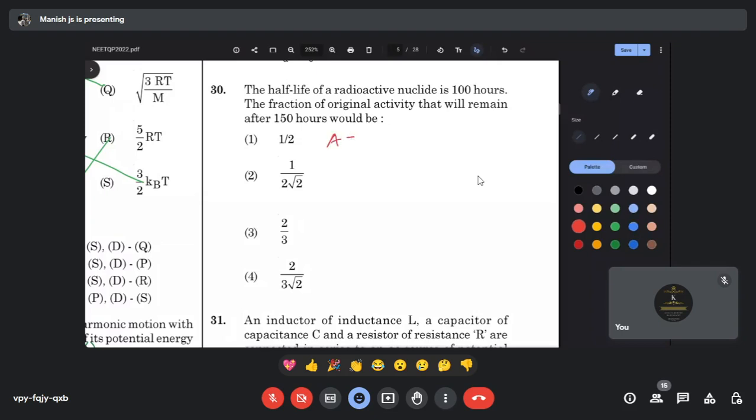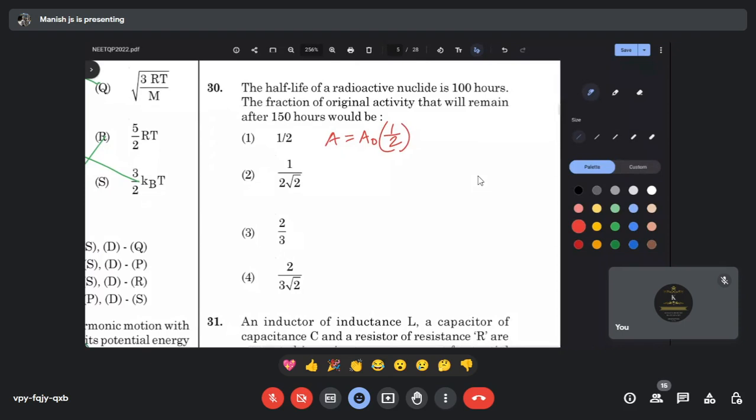So A is equal to A naught half to the 150 upon 100. They have already given you the half-life time period, 100 hours.